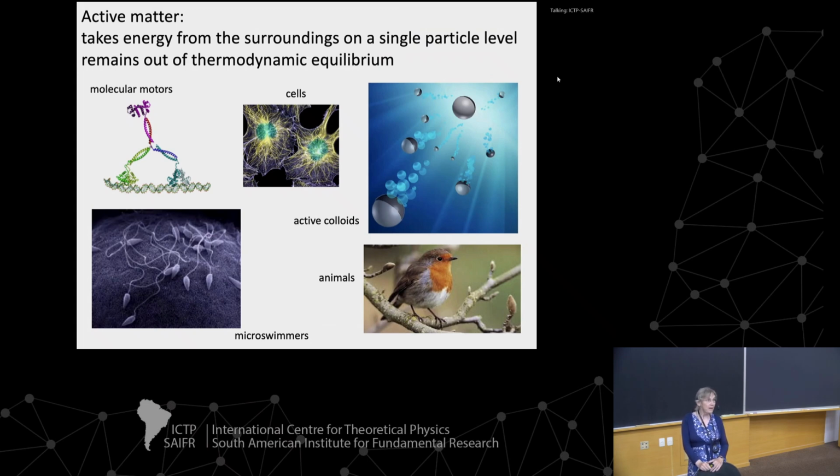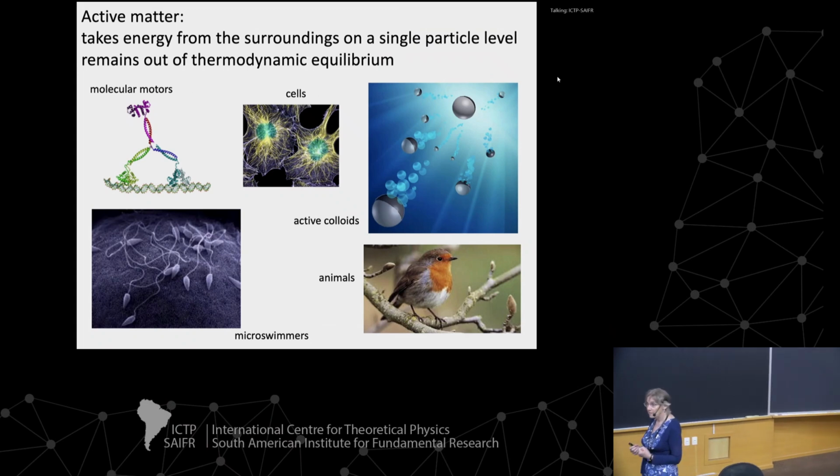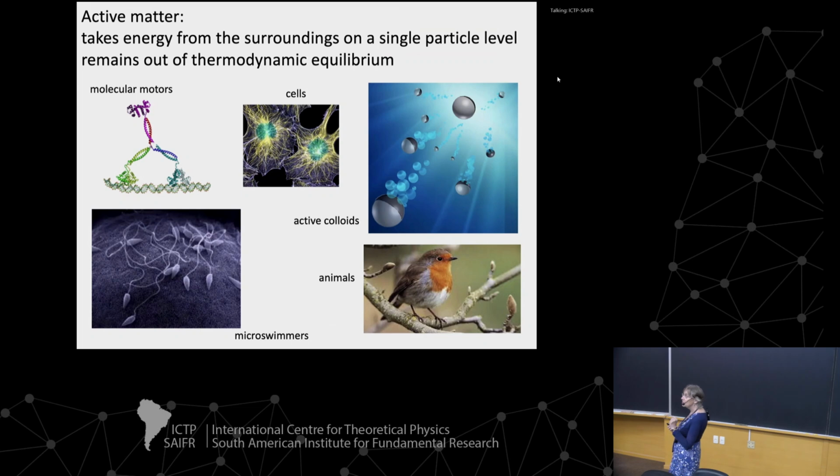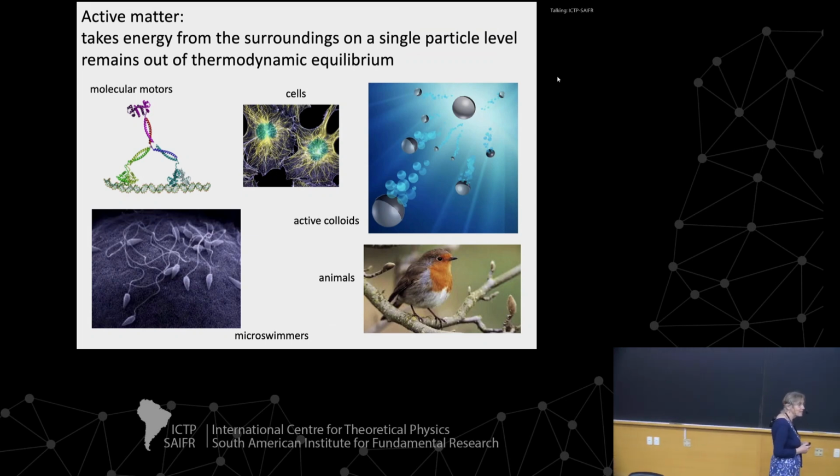And if you think about examples, you can certainly have fabricated active matter like active colloids, but most active matter is biology, right? Active matter is meant to be out of thermodynamic equilibrium. It's always taking energy from its surroundings and using it to do work, and that's what we're doing. We're active particles, pretty big ones, but our cells are active particles, which is easier to think about.